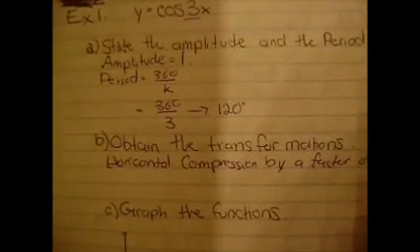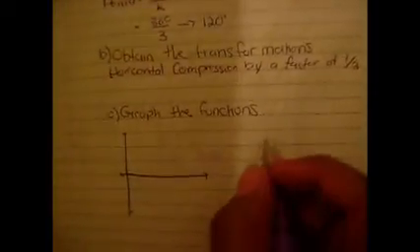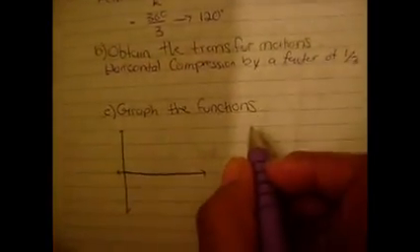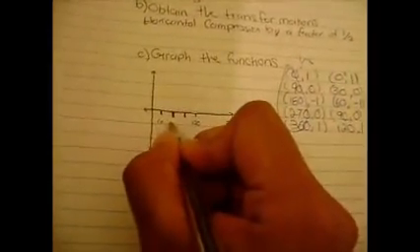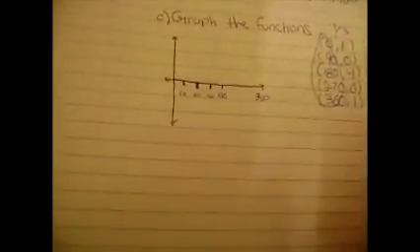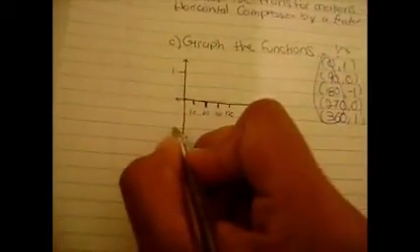Now it says graph the function. So for our coordinates we have 30, 60, and 90, and then 120. So since the amplitude is unaffected, we will still have 1 and -1.